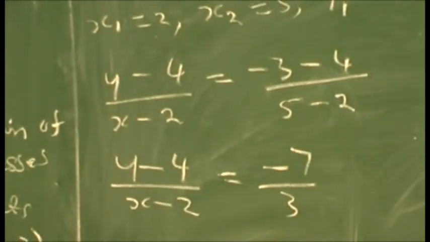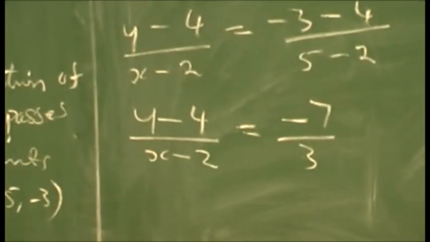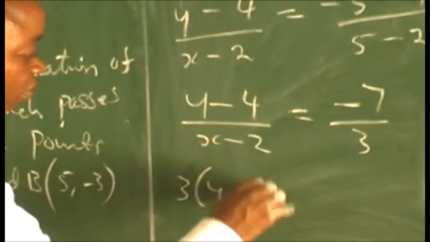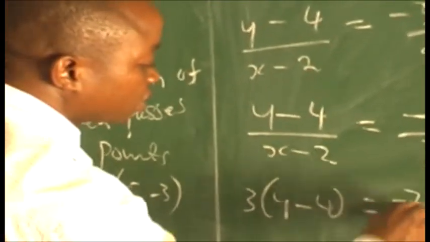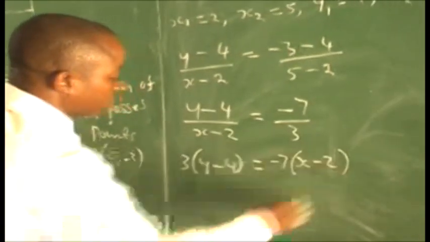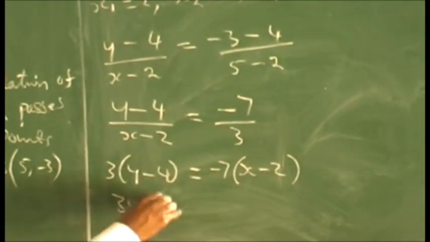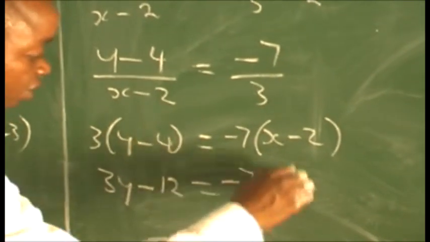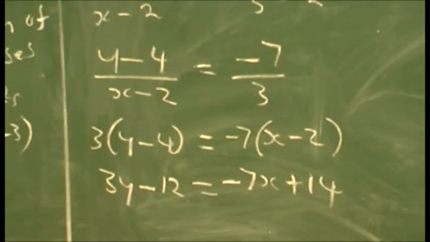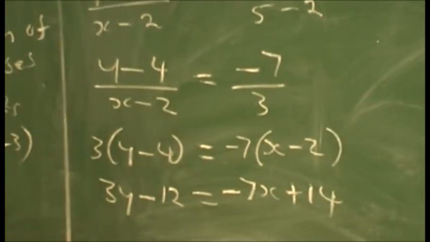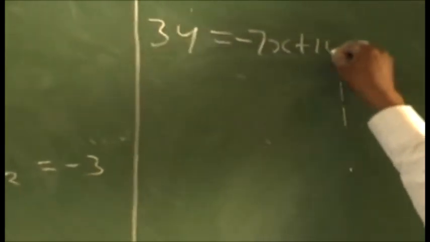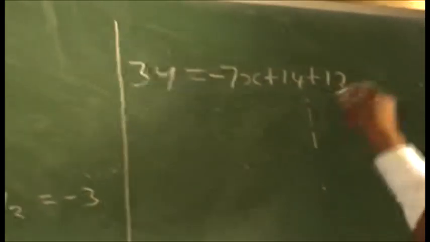And then at this particular point, we can now have 3 times y minus 4 will be equal to minus 7 times x minus 2. So the left will give us 3y minus 12, and on the right, minus 7x plus 14, which further simplifies to 3y will be equal to minus 7x plus 14 plus 12.